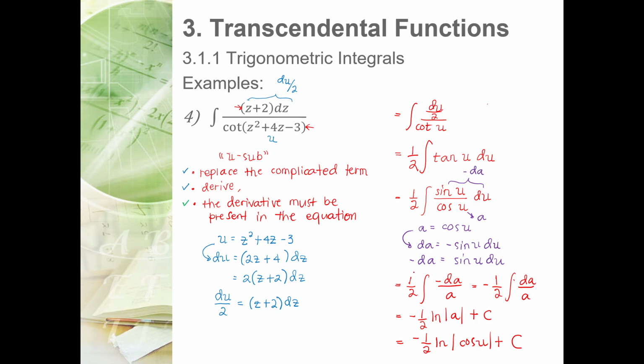And then replace even further the value of your u. So let's write it in the lower left. Okay, there's no space. So our final answer is negative 1/2 ln of cosine of z squared plus 4z minus 3, plus c. So this one is our final answer.